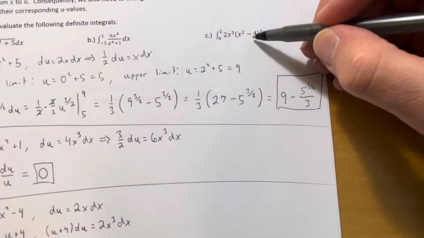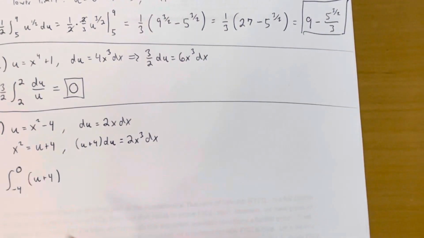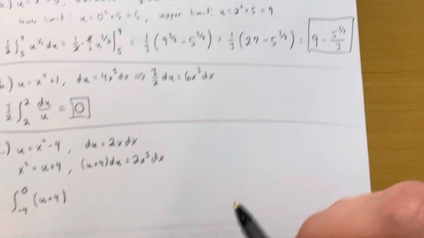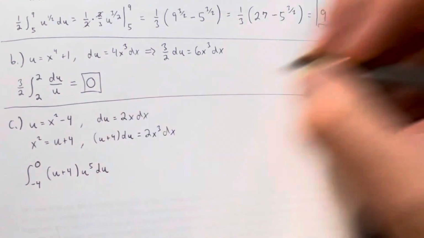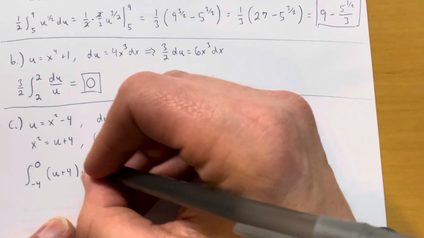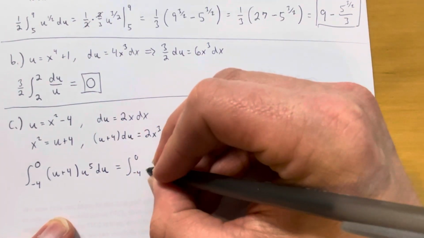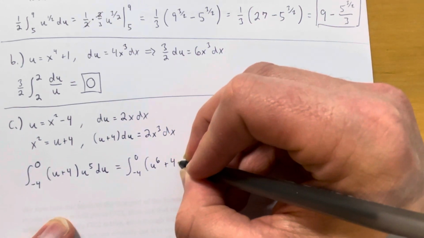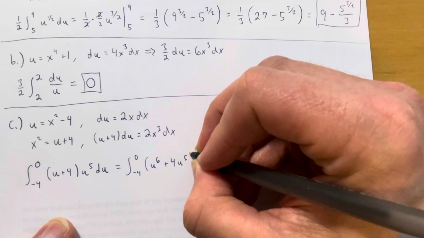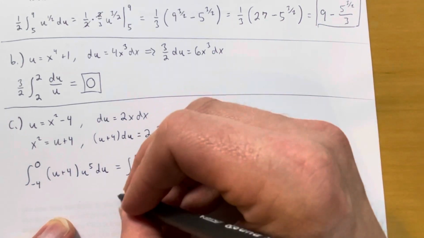Over here, I have x squared minus 4 to the 5th power, but that thing in parentheses is what we defined u to be. So it's actually just u to the 5th power. Here's the du that I said I was saving for later. Distribute the u to the 5th in, and I'm going to get u to the 6th plus 4u to the 5th du. And now we can do the integration.